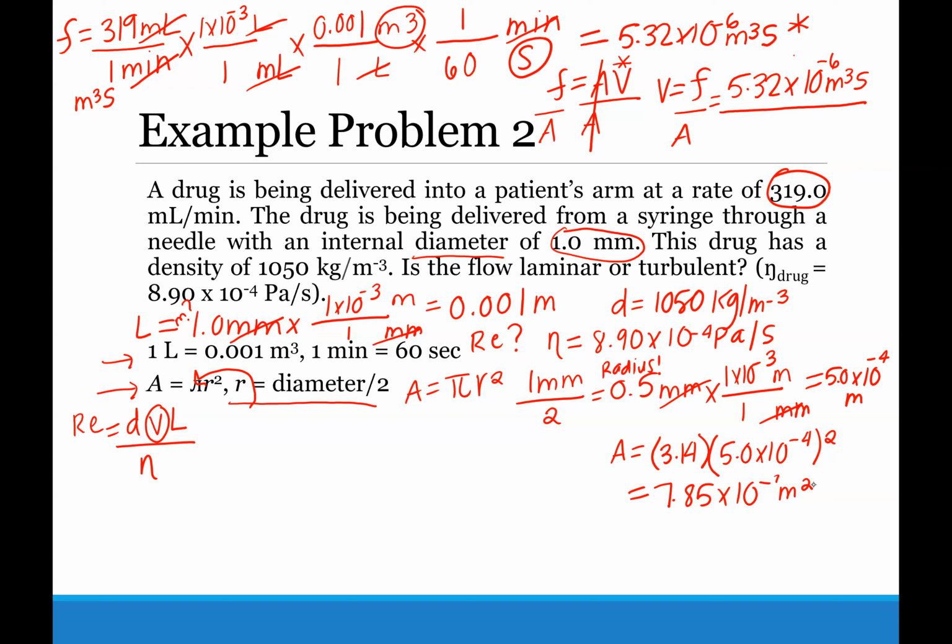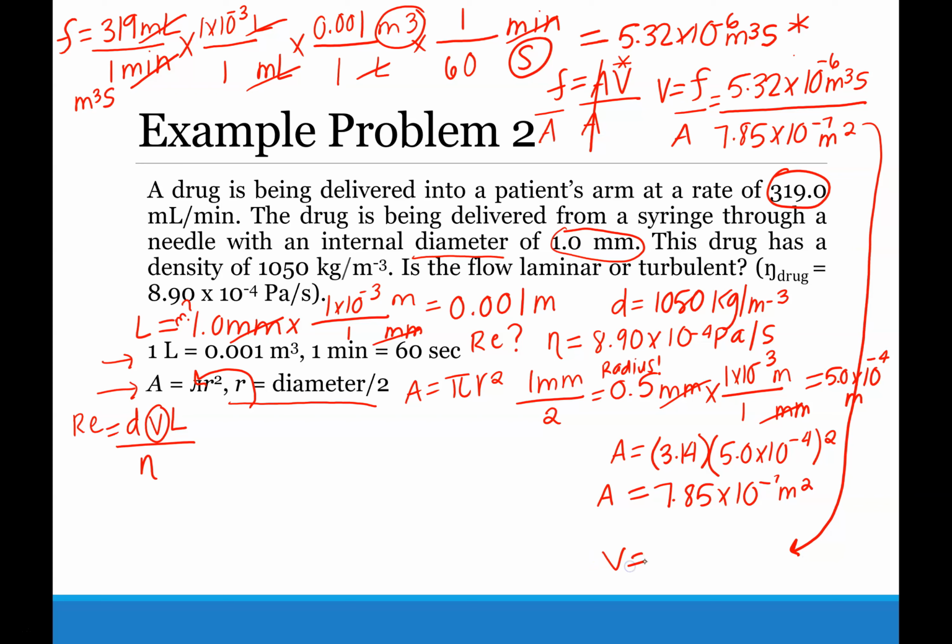And we're going to go ahead and plug that area in up here because that's what we did to get that. So 7.85 times 10 to the minus 7 meters squared. So in your calculator, 5.32 second EE to the minus 6 divided by 7.85 second EE to the minus 7 equals a velocity, and I'm kind of running out of space to put it, so I'll go ahead and write it down here.